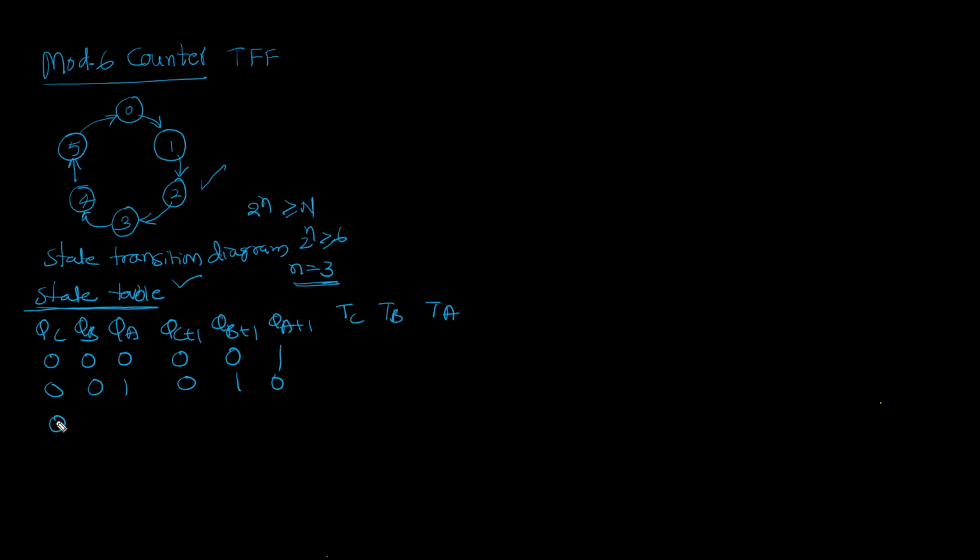So if the present state is 0, 1, 0, next state will be 0, 1, 1. If present state is 0, 1, 1, next state will be 1, 0, 0. If present state is 1, 0, 0, next state is 1, 0, 1. That means up to 5. If the present state is 1, 0, 1, next state is 0, 0, 0. For present state 1, 1, 0, next state is don't care, don't care, don't care.